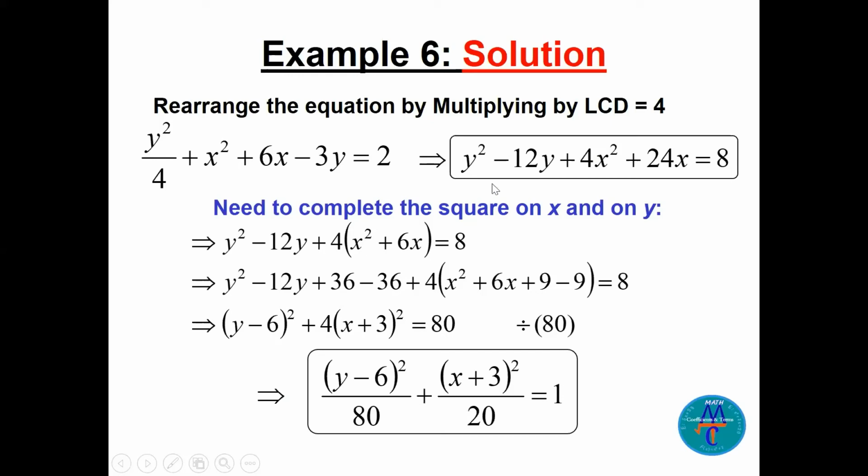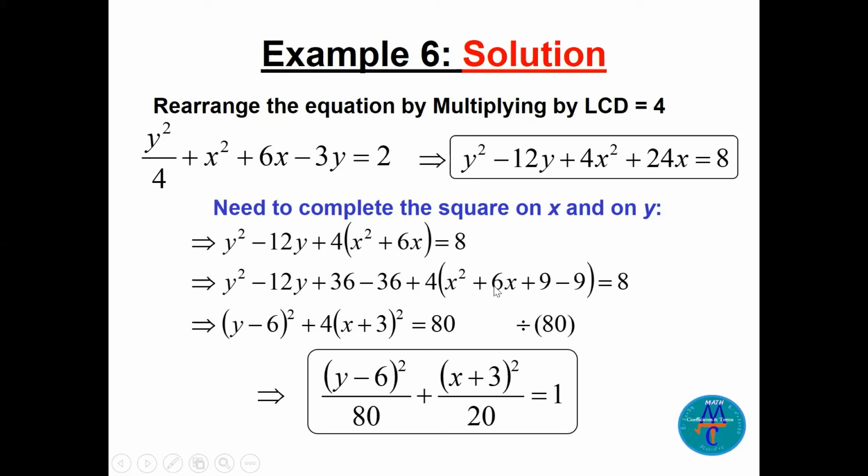Now here the coefficient of x squared is 4, so I have to take 4 as a common factor only from the terms that have x. So 12 divided by 2 is 6, or minus 6, square it, becomes plus 36 minus 36, we add and subtract.